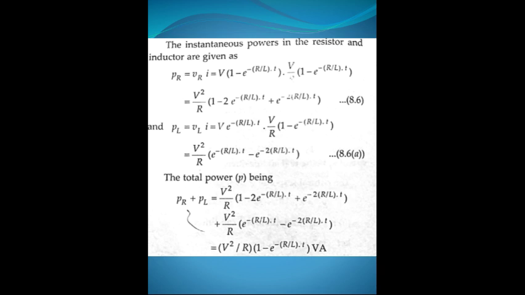So PL is V square upon R times (e to the power minus R upon L t minus e to the power minus 2 R upon L t). So total power P is equal to PR plus PL, that is V square upon R times (1 minus e to the power minus R upon L t).